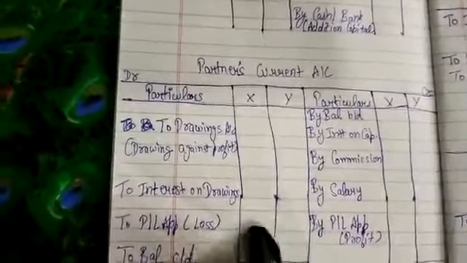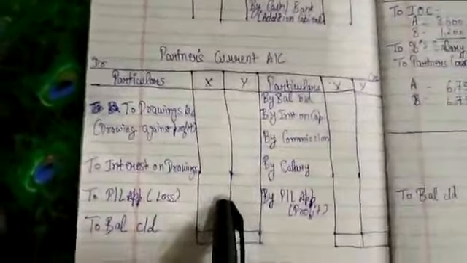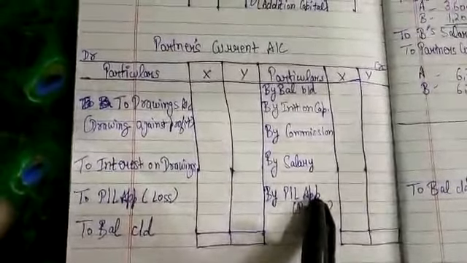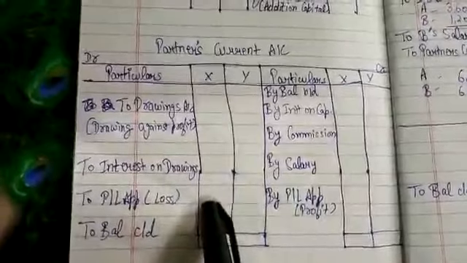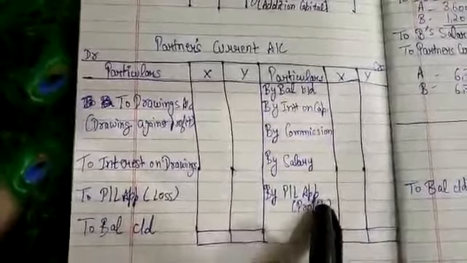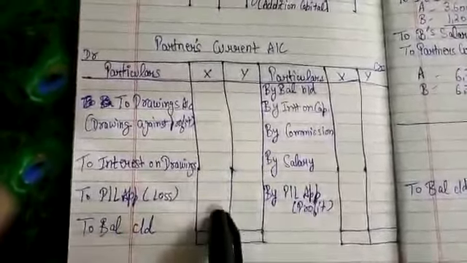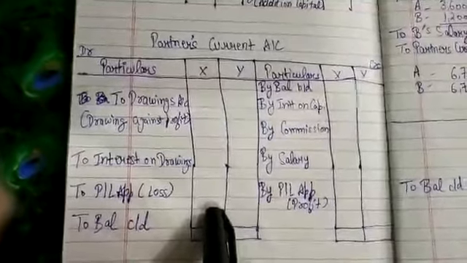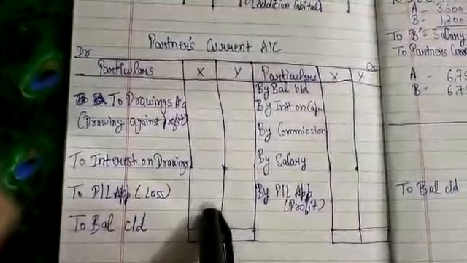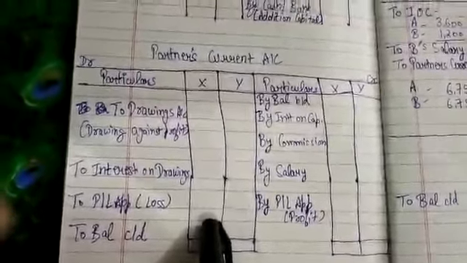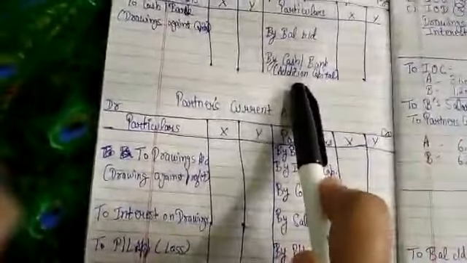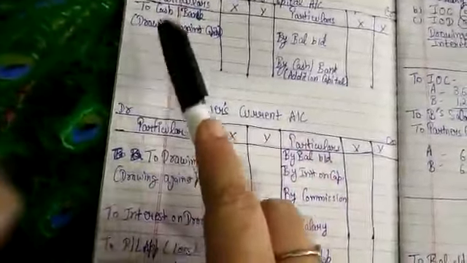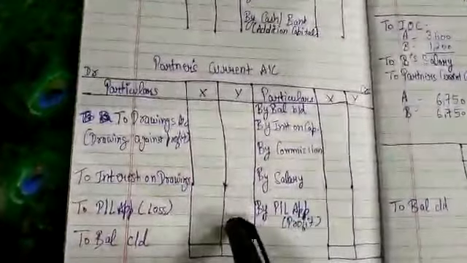And any loss, it is not necessary that in every question there is a profit. In few of the questions there may be a loss. If it is profit, it will be shown on the credit side, and if it is loss, it will be shown on the debit side of partners current account. So again, all the adjustments except any additional capital introduced or any drawings made against capital will be shown in partners current account.